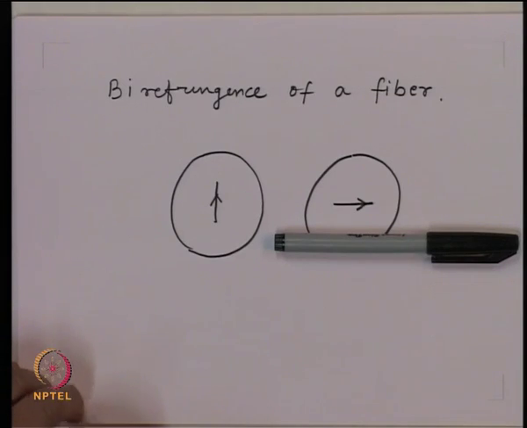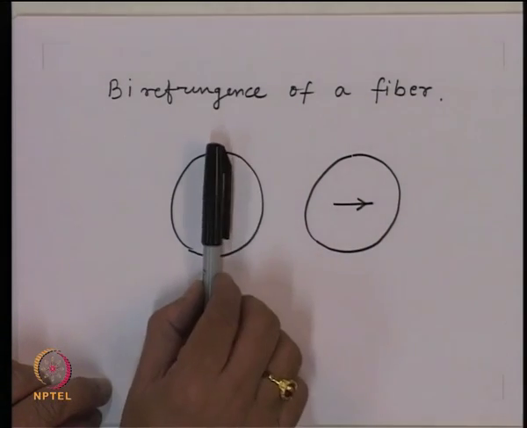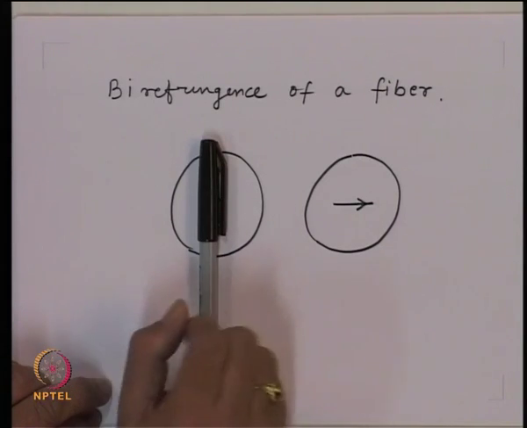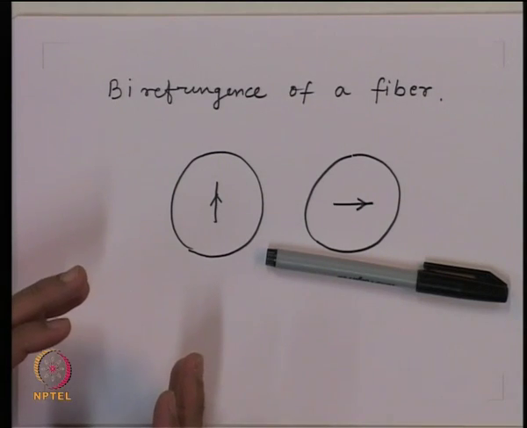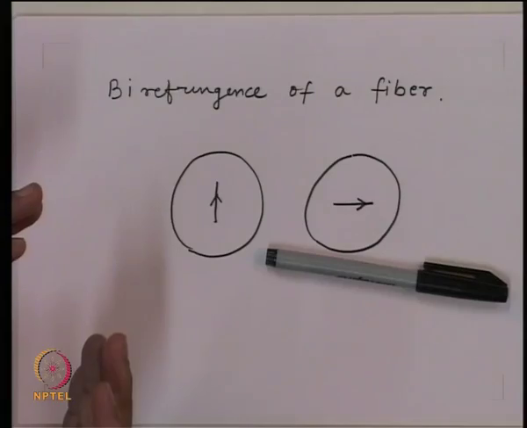Or in other words, the V number which this polarization sees is different from the V number which this polarization sees. And since the V number changes, from the b-V diagram we know that the phase constant also will change. So, that means the phase constants for the two polarizations for the same LP01 mode would be different.